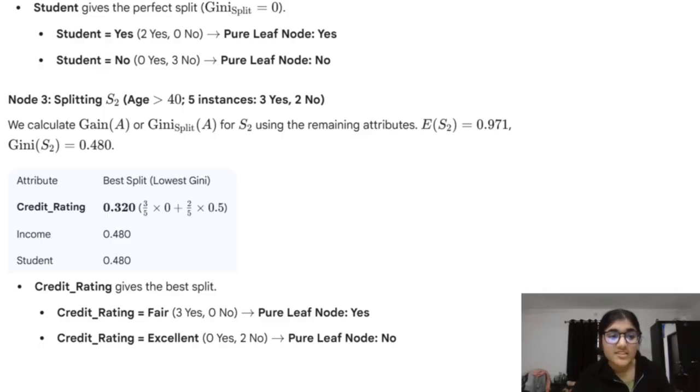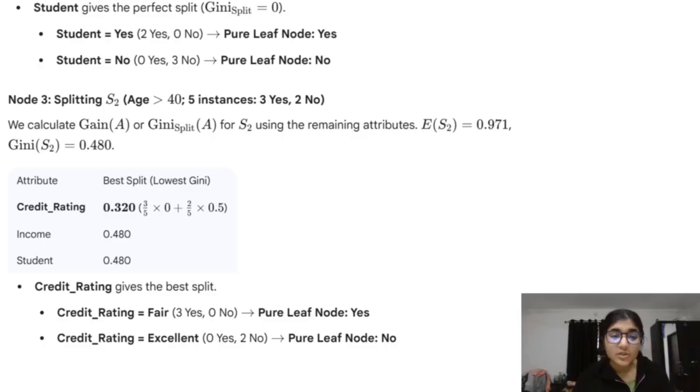Then node 3 splits S2, age greater than 40, where the 5 instances are 3 yes and 2 no. We calculate the gain and Gini split for S2 using the remaining attributes: credit rating, income, and student, where E of S2 is 0.971 and Gini of S2 is 0.480.